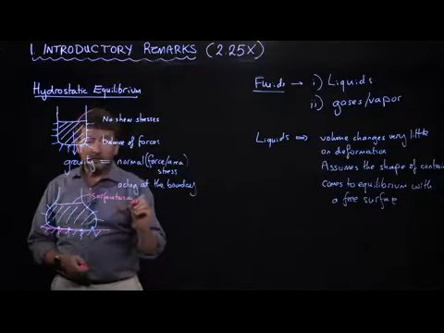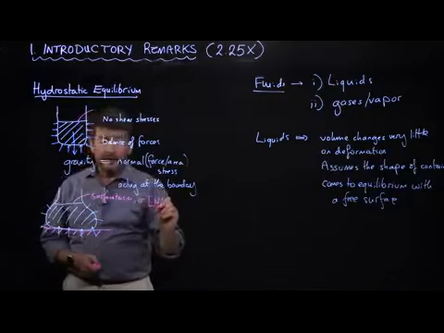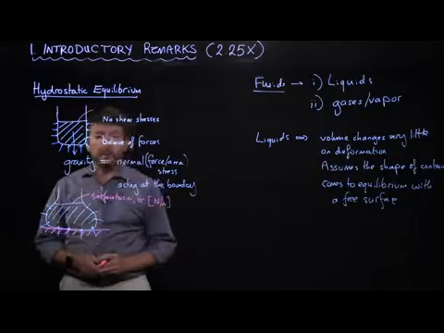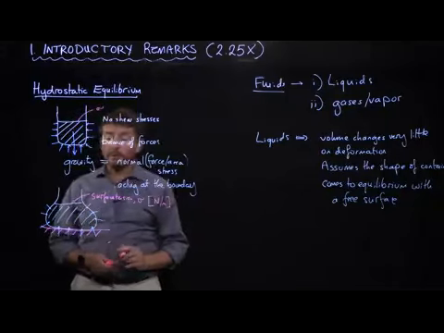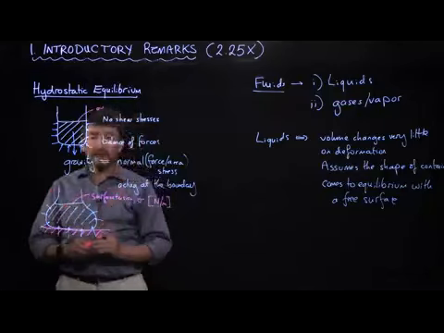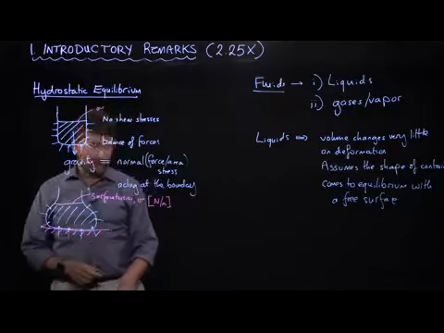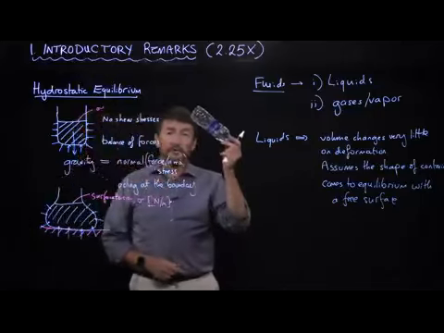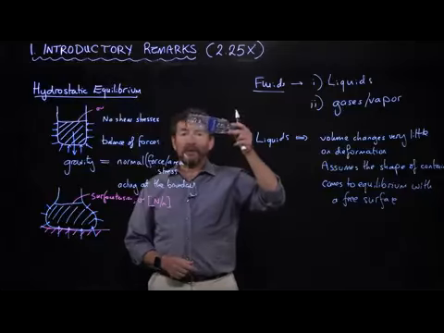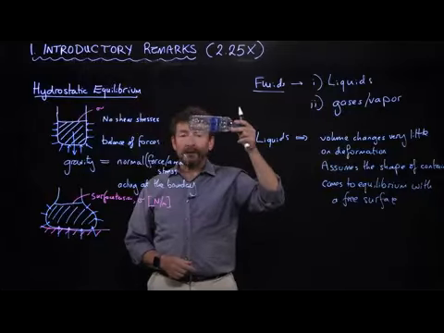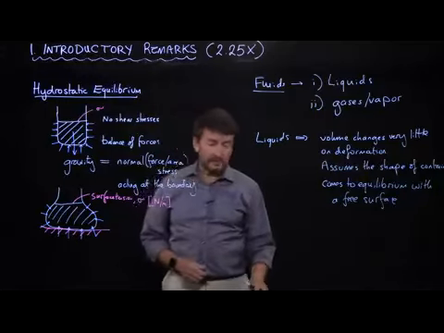We're going to call that surface tension sigma, and as we'll see later in the course, that has units of newtons per meter. That's going to be an important force, a force that depends on the surface area that's available. But essentially, the volume of liquid in here is always the same. So when I bring this to equilibrium, no matter what the orientation is, you can see that eventually the material comes to equilibrium with a free surface.